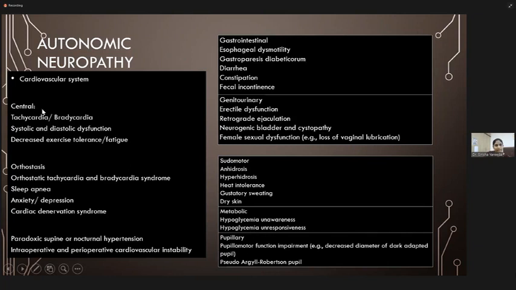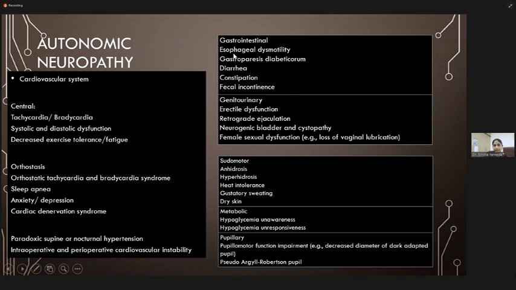The cardiovascular complaints can be orthostatic failure of the regulation of both the heart rate and the blood pressure, or during the supine position, they can have resting tachycardia, and it might also contribute to intraoperative and perioperative cardiovascular instability. One important thing is they present with a chronic fatigue-like syndrome with decreased exercise tolerance because of the failure of the cardiovascular system.